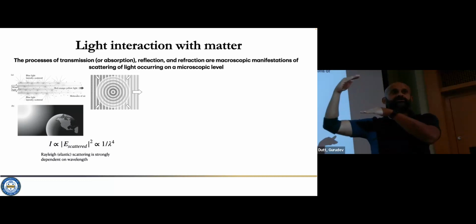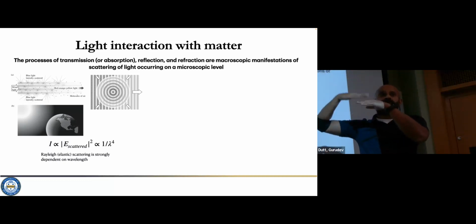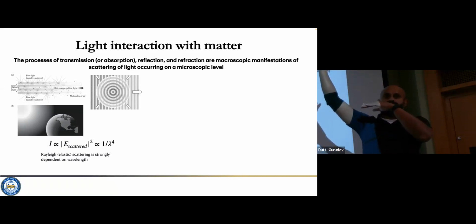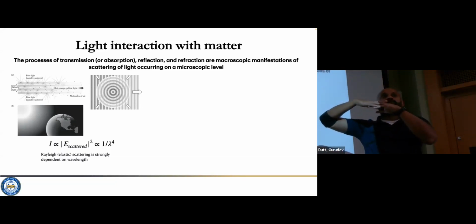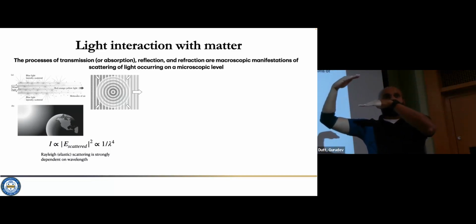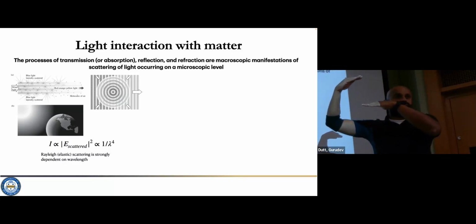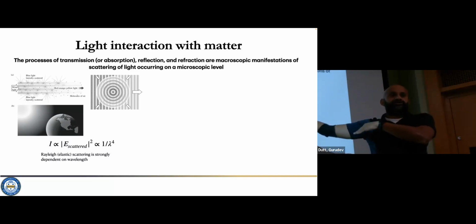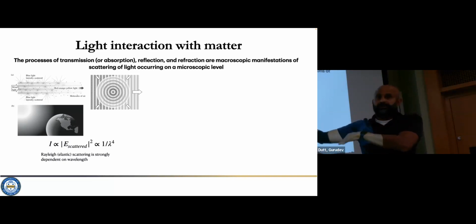So the frequency that is required to excite an electron from the outer orbital to the next outermost orbital, for example, of nitrogen molecules or oxygen molecules, that frequency difference between those two orbitals is much greater than the frequency of visible light.